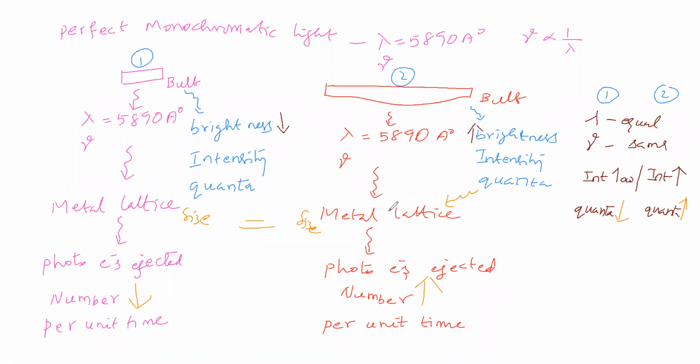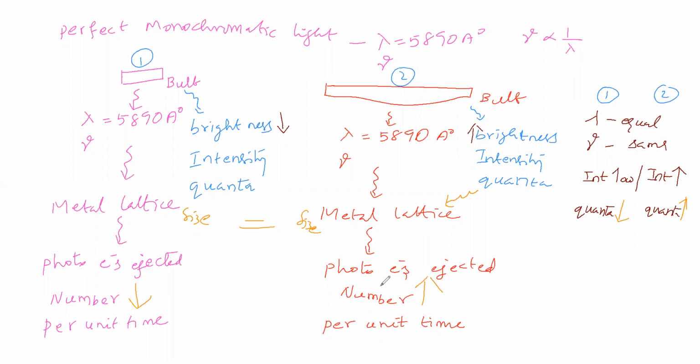In what way are they depending? Here, left side intensity is low and right side intensity is high. Left side number of photoelectrons ejected is low, right side is high. Are they directly proportional or inversely proportional? Low intensity gives a lesser number of photoelectrons ejected; high intensity gives a higher number.